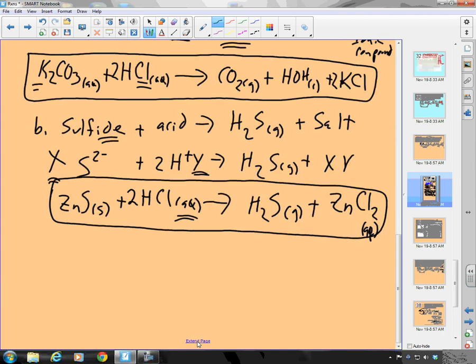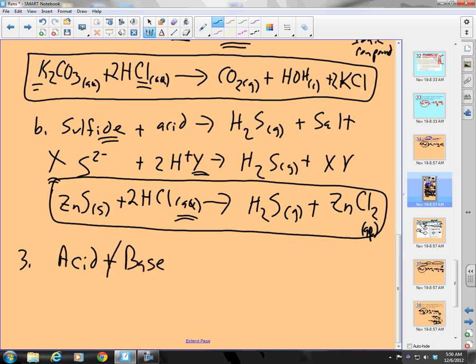The third type is something that we call an acid-base reaction, aka neutralization reaction, aka, just to keep parallels, we had what? Formation of solid or precipitate, formation of gas, and this would be also known as formation of what?